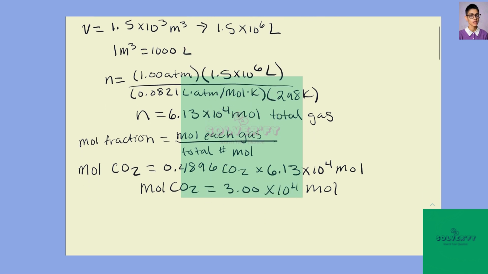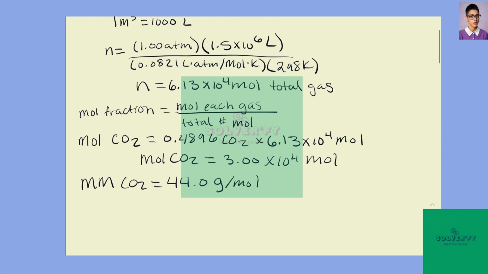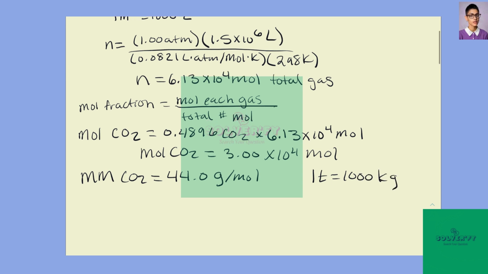All right. And I know our molar mass of CO2 is equal to 44.0 grams per mole. And to get metric tons, we're going to use 1 ton is equal to 1,000 kilograms.